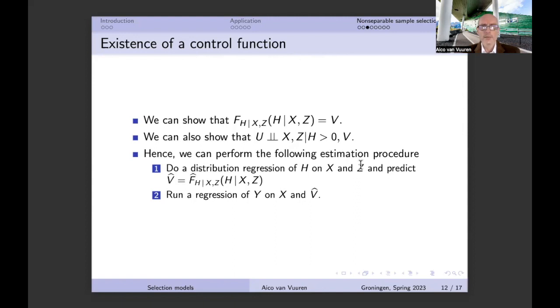Then, based on this relationship, we're going to predict the v hats, which are nothing else than the estimated distribution functions from this distribution regression, evaluated at the observed h, x, and z. And then in a second stage regression, we're going to run a regression of y on x and on v hat.